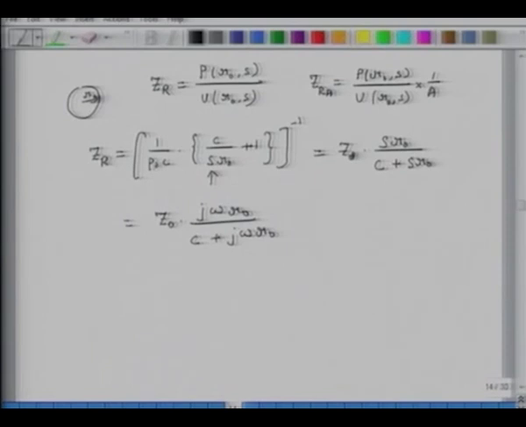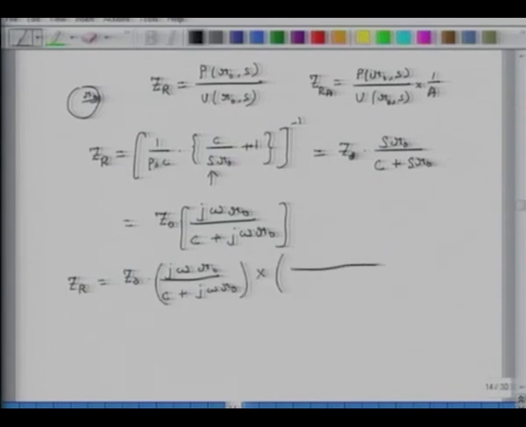What we do here is we try to rationalize this term.